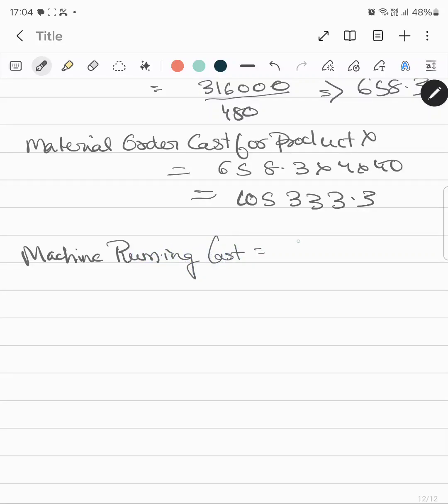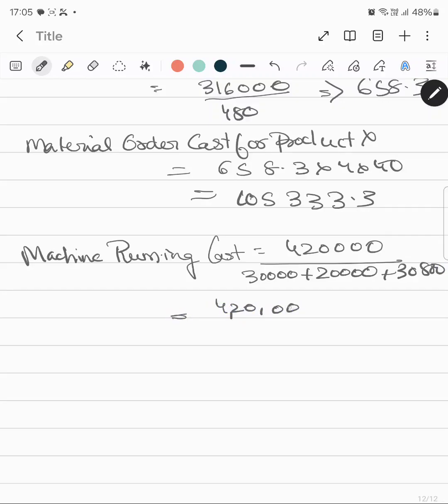Machine running cost is 4,20,000, which will be divided by 30,000 plus 20,000 plus 30,800, that is 80,800. So the cost is 4,20,000 upon 80,800, which is equal to 5.19, or you can say 5.20.